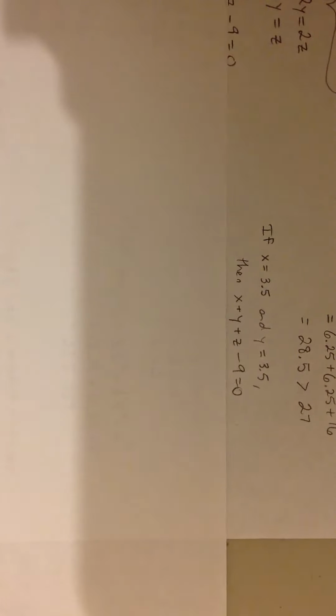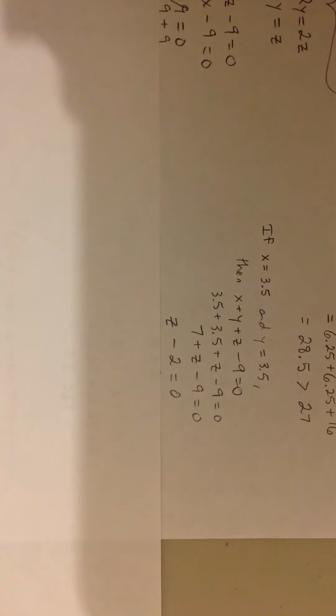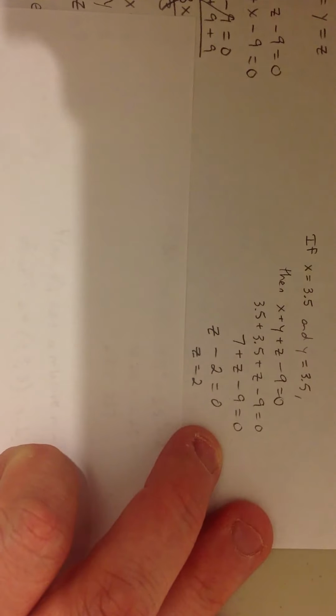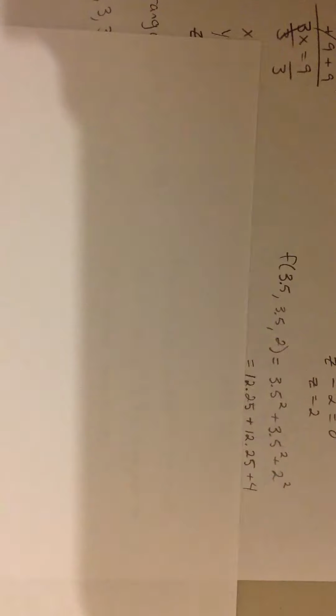Again, we plug those into the constraint equation and simplify, and we arrive at z equals 2. We can then take that point, 3.5, 3.5, and 2, and plug that into our original f of x, y, z function, and that yields, again, 28.5, which again is greater than 27.